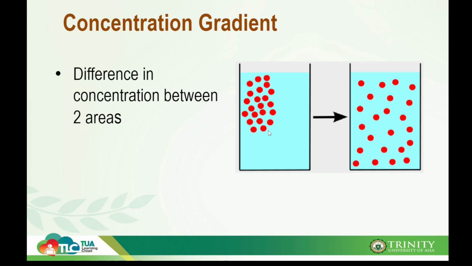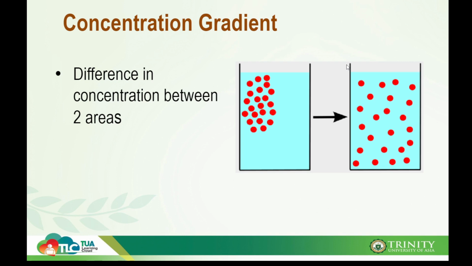So, gagalaw yan. And because of that random movement, it will move from an area of higher concentration to areas of lower concentration. And the goal of that movement is for it to be equally distributed, or it wants to reach homeostasis. So, ganun pala yun, no?